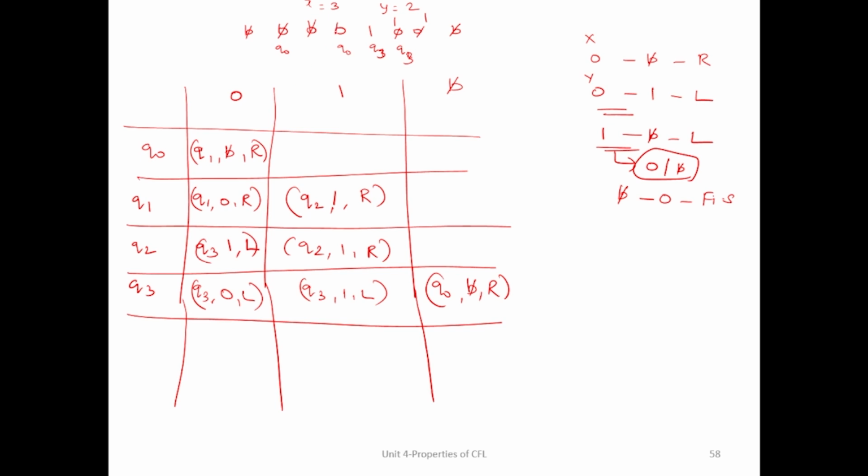Then the third 0 is replaced with a blank space. Now Q1 1 means Q2. Q2 1 means you just check the value, so you go to the right direction. At this situation Q2 is possible to read a blank space. In that situation you stop the process and come to the left direction.